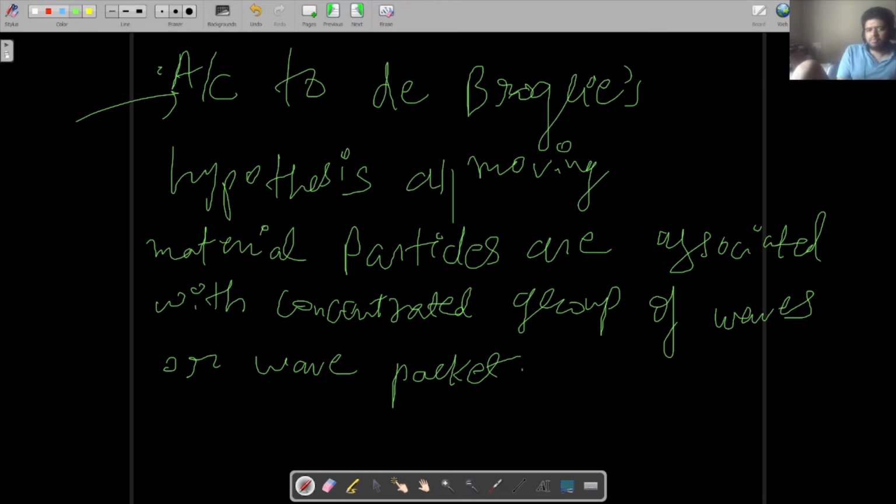Every material particle has a wave associated with it. This is what de Broglie told, right? So according to de Broglie's hypothesis, all moving material particles are associated with a concentrated group of waves or wave packet.